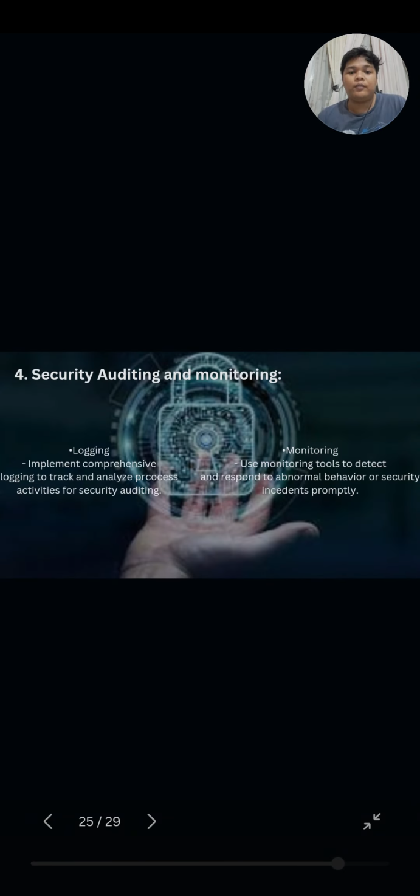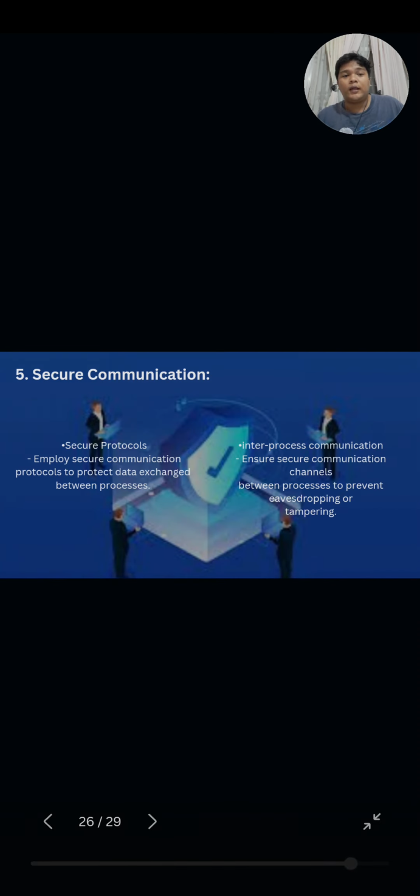Security auditing and monitoring. Logging. Implement comprehensive logging to track and analyze process activities for security auditing. Monitoring. Use monitoring tools to detect and respond to abnormal behavior or security incidents promptly. Secure communication.